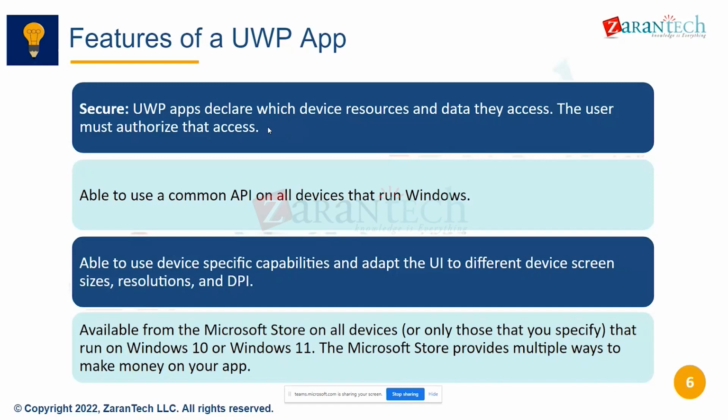If an app wants to access the camera of your computer, the user must authorize it. If an app wants to access the file system, it has to notify the user and ask to be granted access.